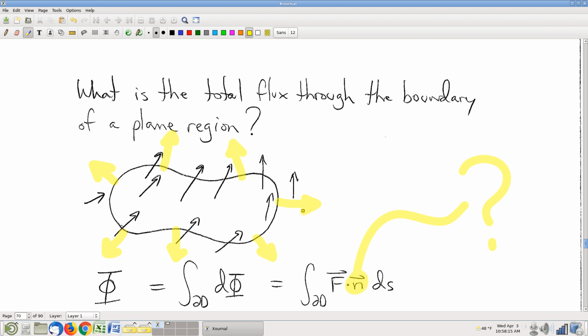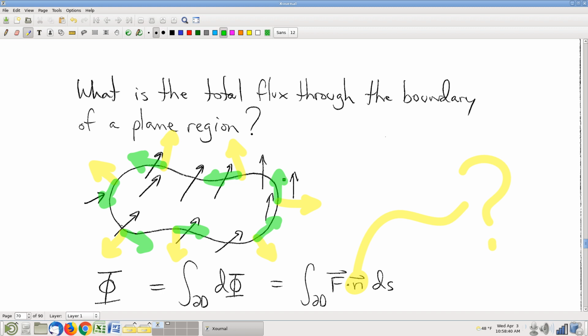And it's just not the same as T, the unit tangent vector going along the boundary, like that. It's just not equal to T, so I can't say line integral F dot T ds and then refer back to all our old formulas. It just isn't.